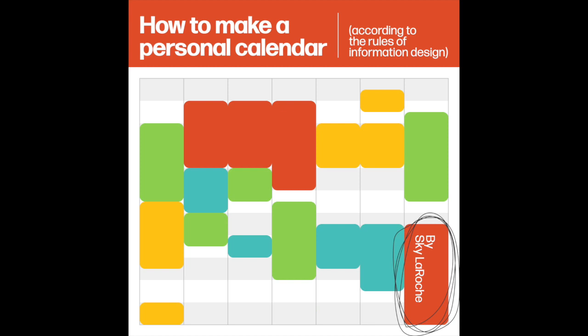But the basic form of any calendar is going to be a big grid. And for us, that means days in the columns and hours in the rows. And you're going to want to organize it with time going from left to right and top to bottom. So days going from left to right and hours going from top to bottom. And that's just how we read information in the Western world.